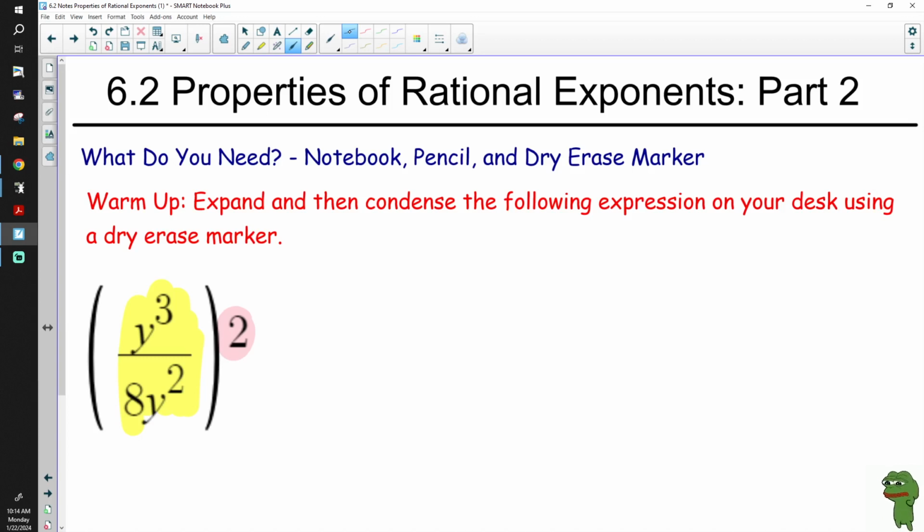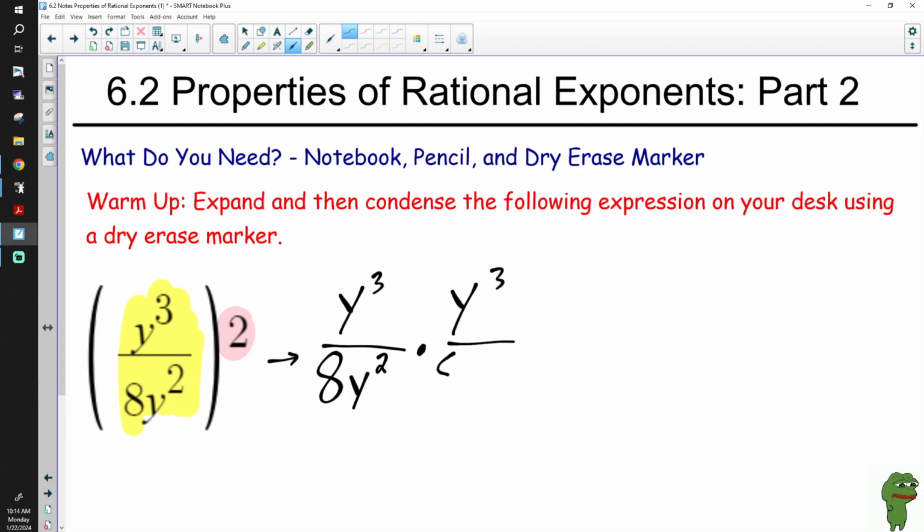So this is the same as y to the third over 8y squared times another one of them. Y to the third over 8y squared. Bear with me? Good so far? Those are the same thing. That whole yellow thing squared is the same as multiplying it by itself twice, yeah?